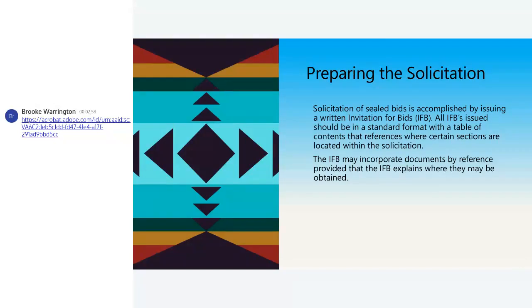So when you go to prepare that solicitation, the solicitation of a sealed bid is accomplished by using a written invitation for bids. All IFBs issued should be in a standard format with a table of contents, references where certain sections are located in the solicitation. Your IFB can incorporate documents by reference, provided that it explains where they can be obtained.